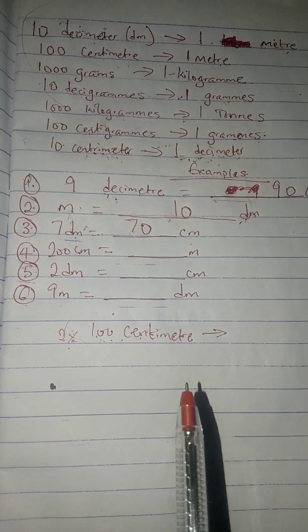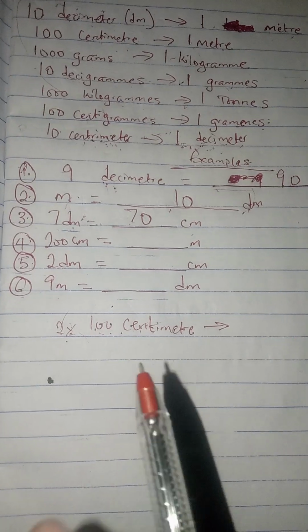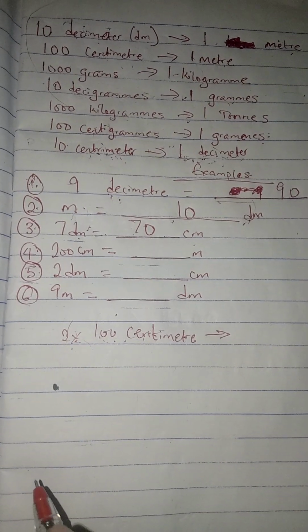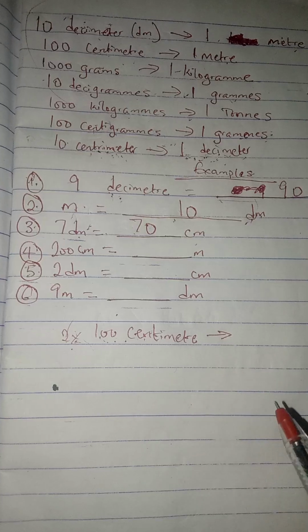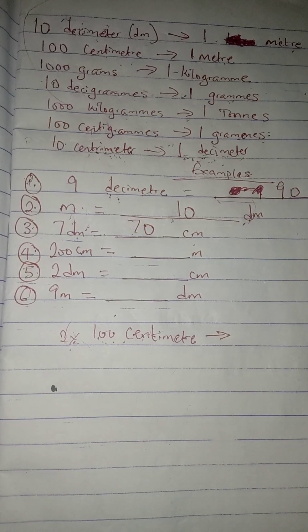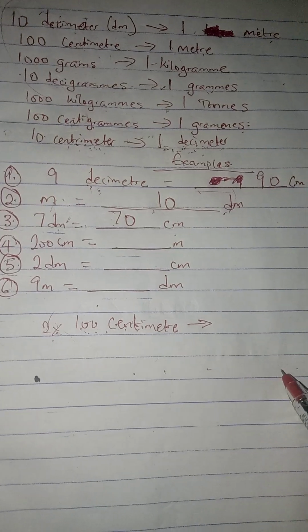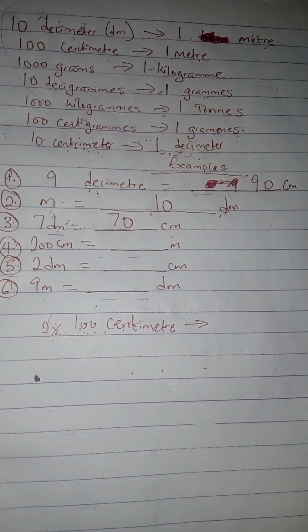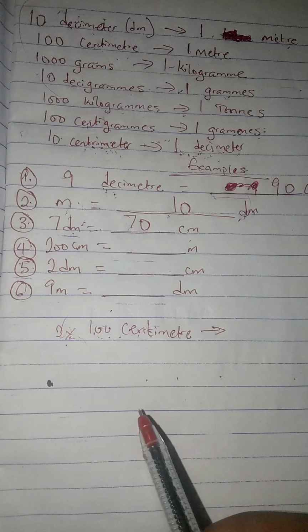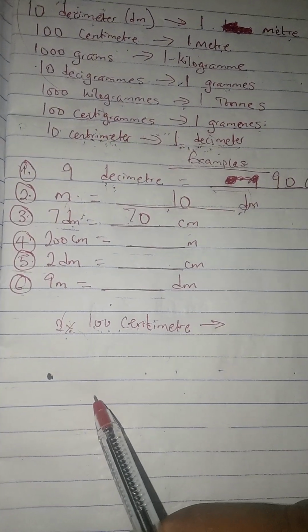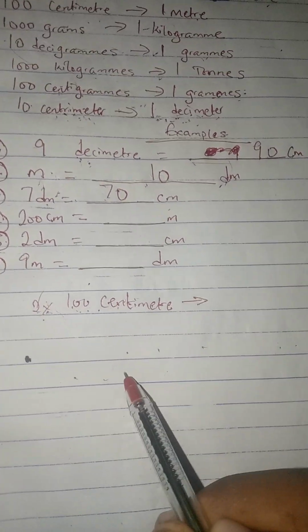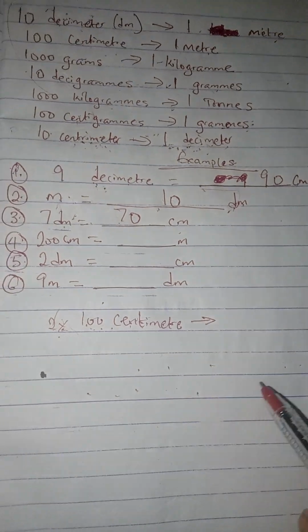Okay, let us use money for instance. 50 euros plus 50 euros gives us 100 euros. Now, when we want 200 euros, we have 50 plus 50 plus 50 plus 50.